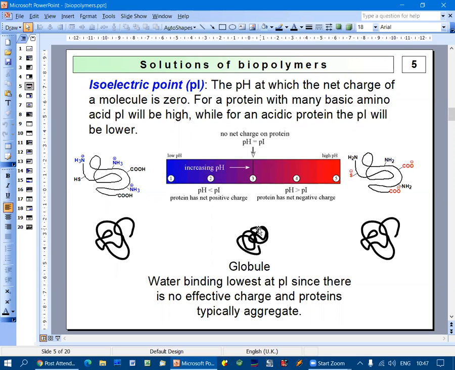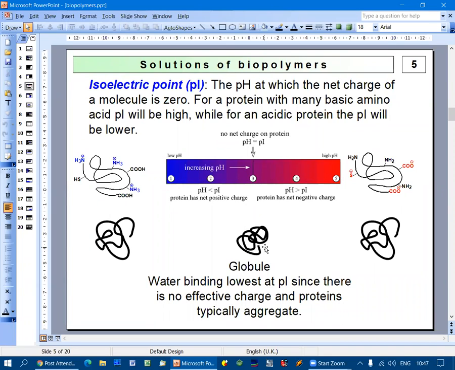The absence of charge and this tightly packed structure means that protein in this globular form won't interact with water molecules.